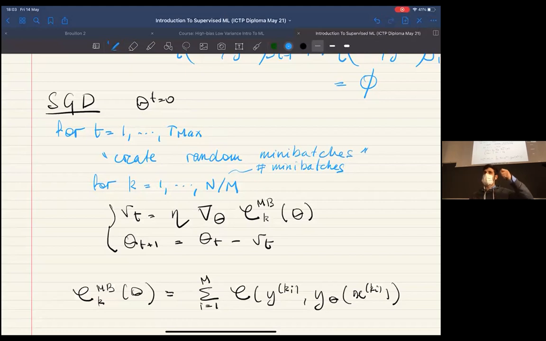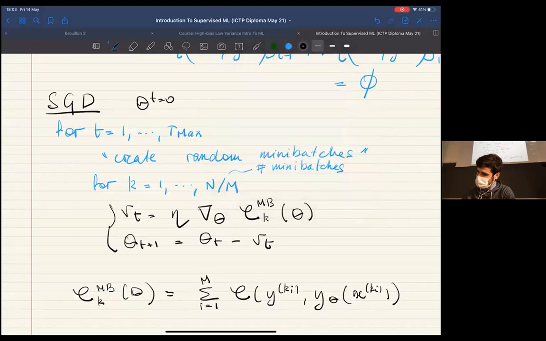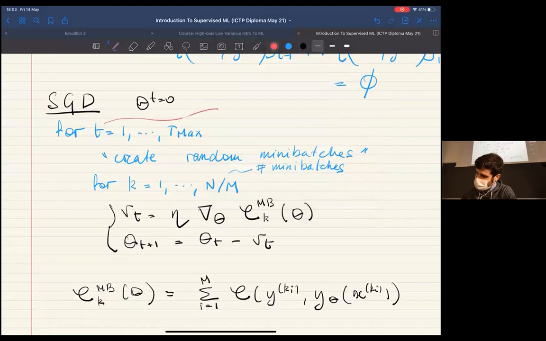Okay, so you have 2 time indices. This is the index over the epochs, epochs index, and this is the index over the mini batches, mini batch index.